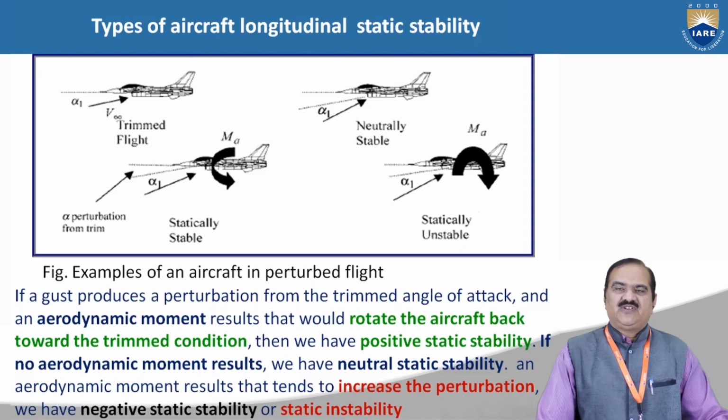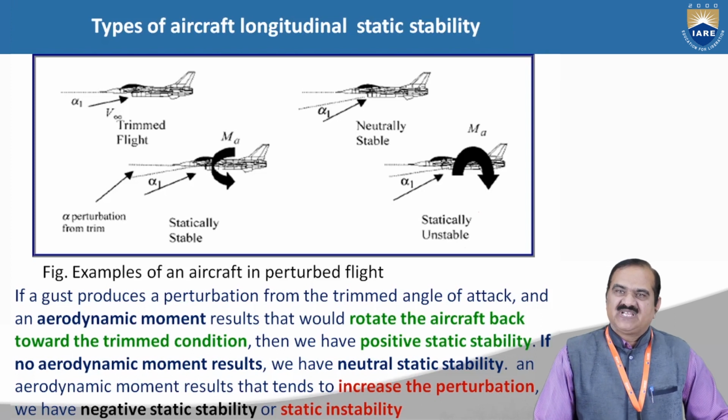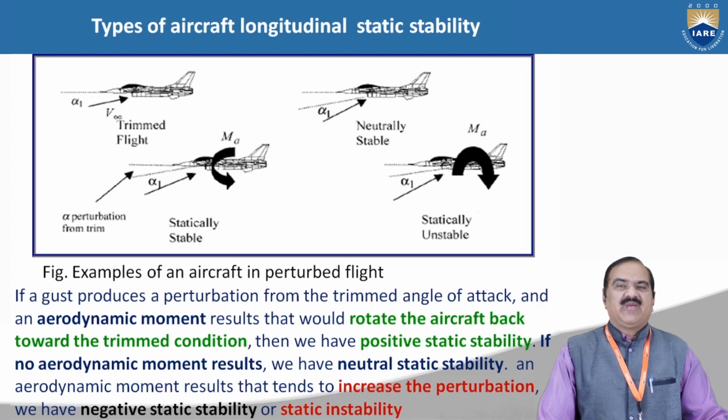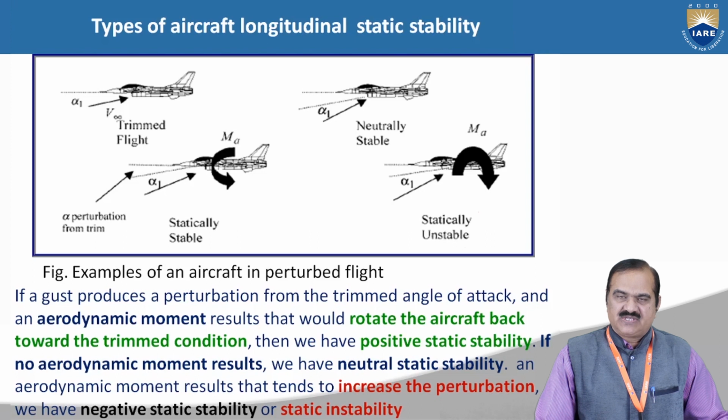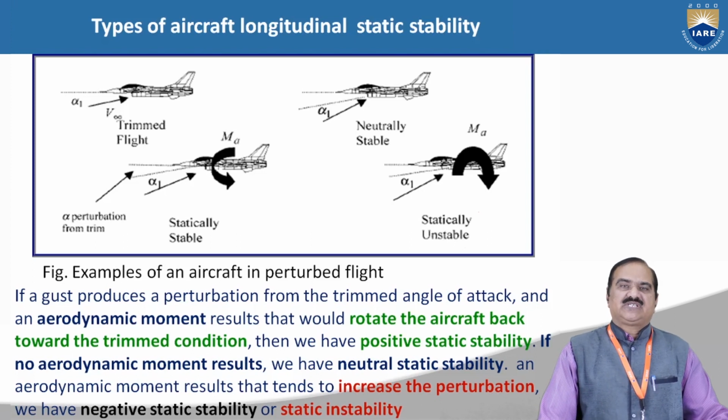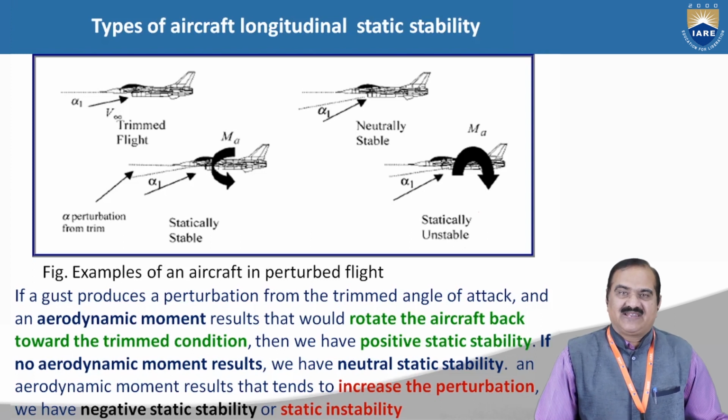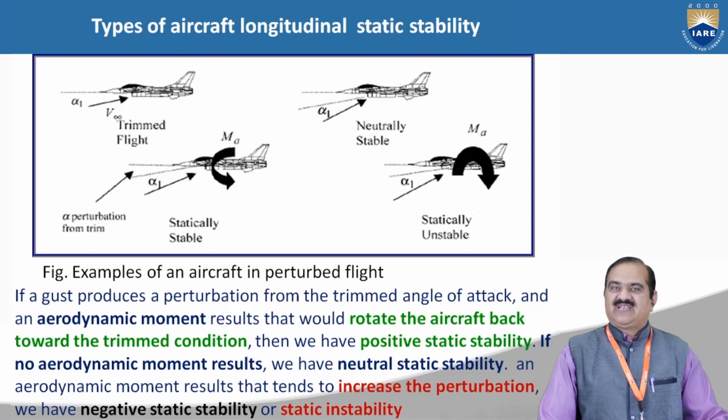If there is some alpha perturbation from the trim, you can see in the diagram where the arrow is that it shows an additional increase in angle of attack. Due to the perturbation, maybe due to a gust or some other issue, if the angle of attack is increased, the nose is up due to the high lift, because once the angle of attack is increased, the lift will also increase.